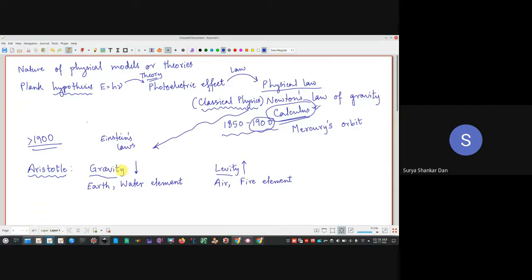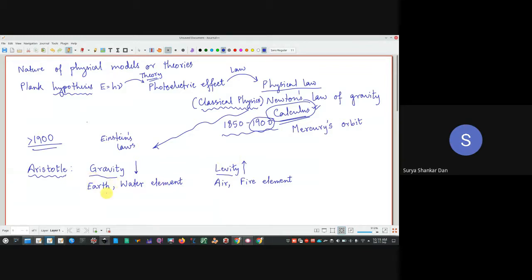Now, during that era, people observed the force of gravity and levity, but they did not understand the idea of the force. That is where I will come in. At that time, they thought that these forces would also require an element of their own.